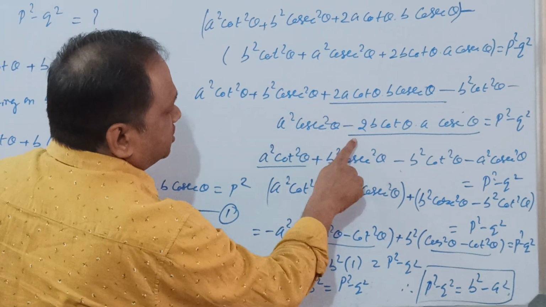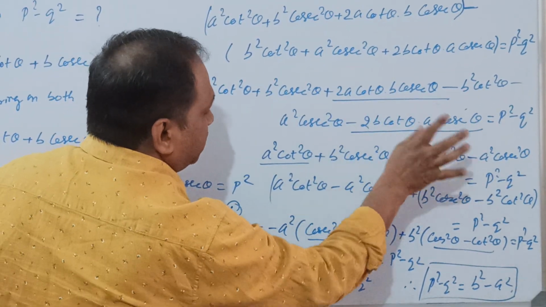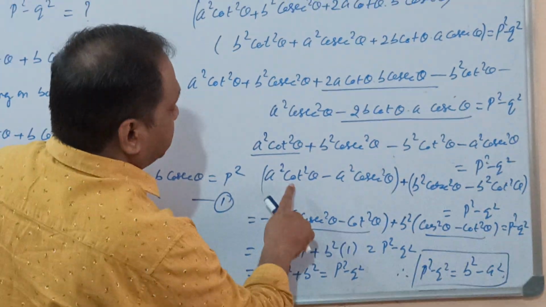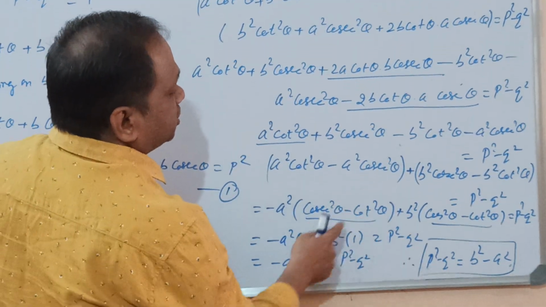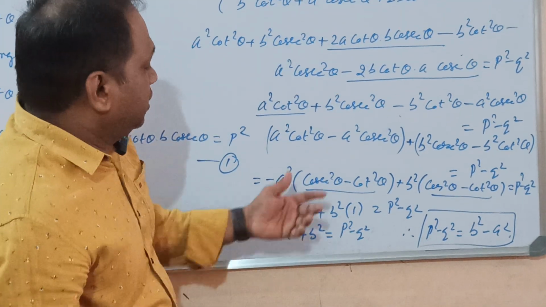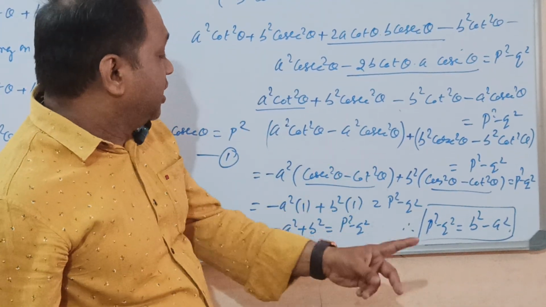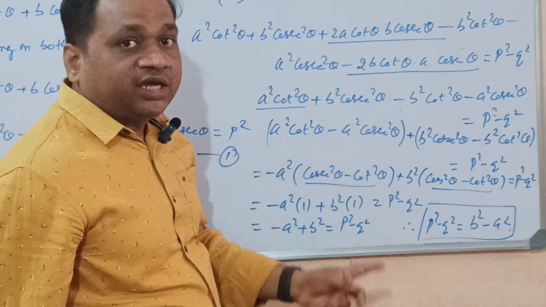If this one is plus and this one is minus, all those terms will get cancelled. So what remains is a square cot square theta minus a square cosec square theta. We know the identity here: cosec square theta minus cot square theta is equal to 1.